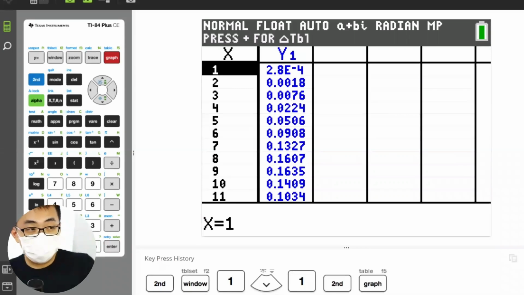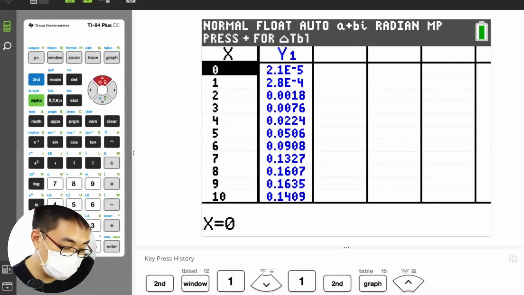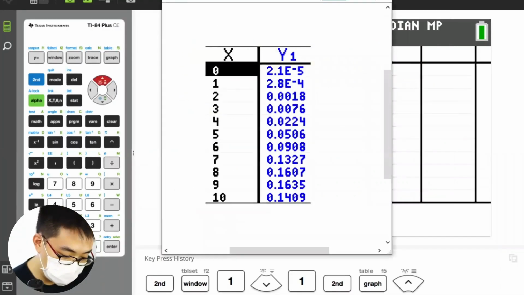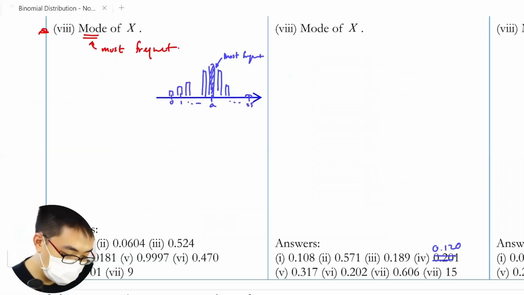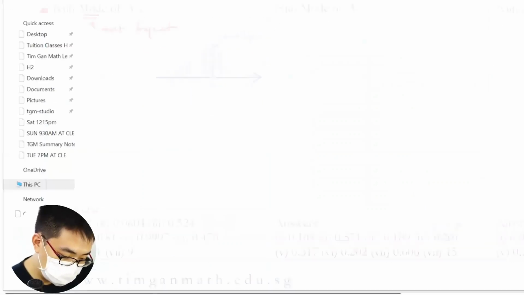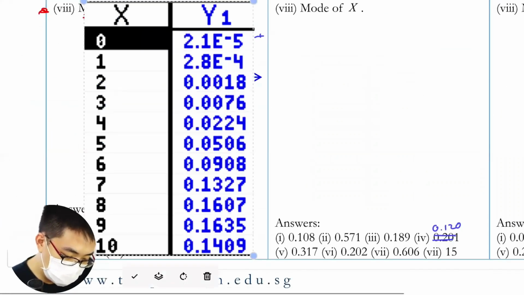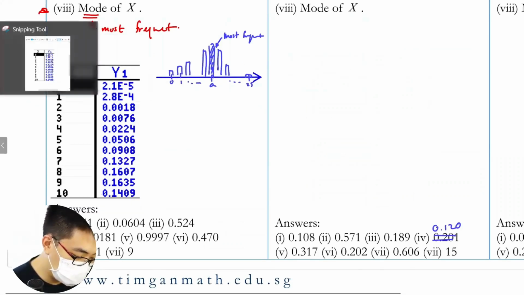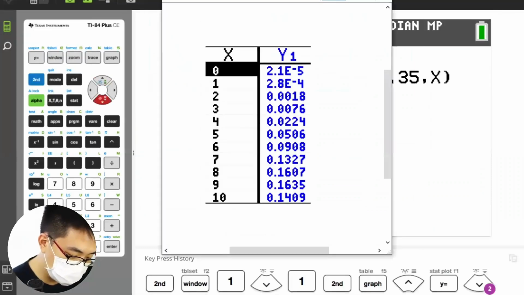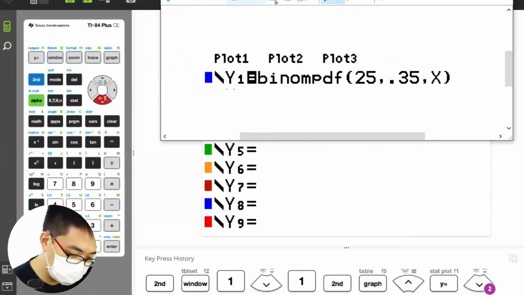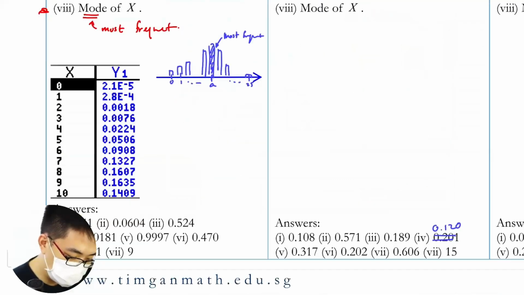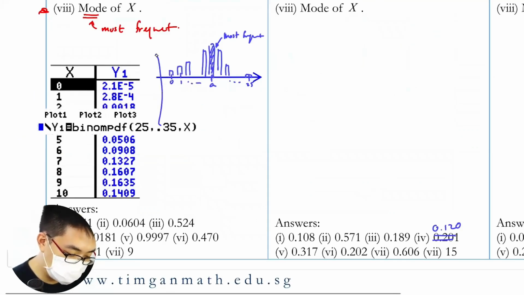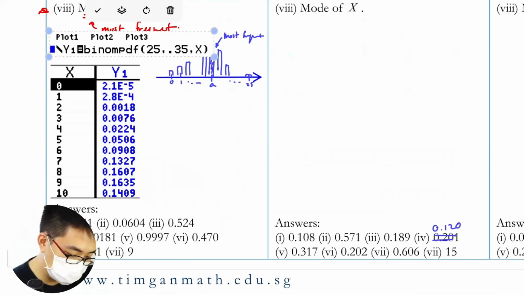So 1, 2, 3, 4, 5, 6, 7, 8, 9, 10, 11. Now this is your answer here. This tells you the probability of each individual class. So let me just label this down for you. Let me write down what you can key now. This is what you key. This one is important because when the question comes up, a lot of students don't know how to find it.